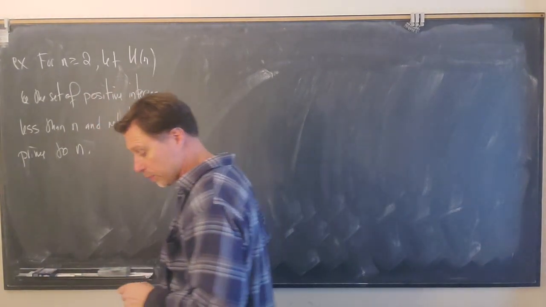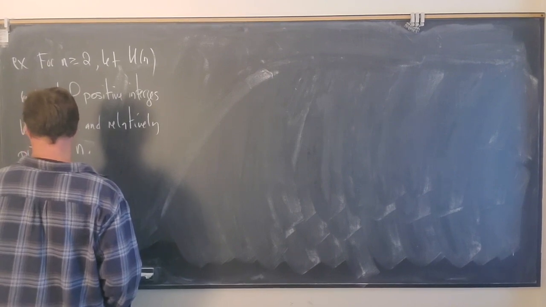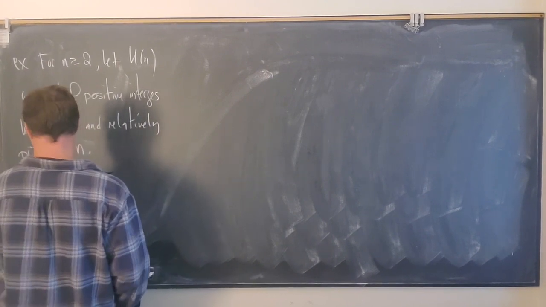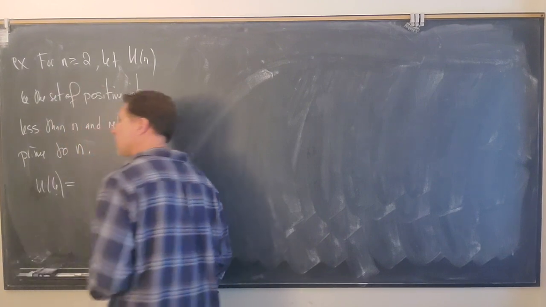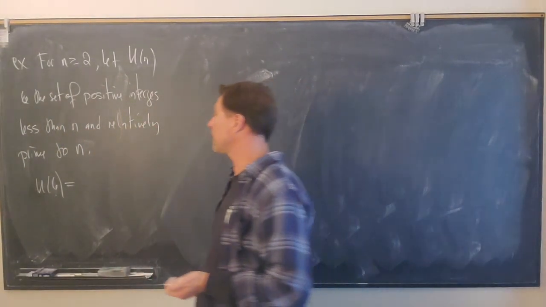So for example, U6, who's that going to be? Well, U6 is going to be the positive integers less than 6 relatively prime to 6.